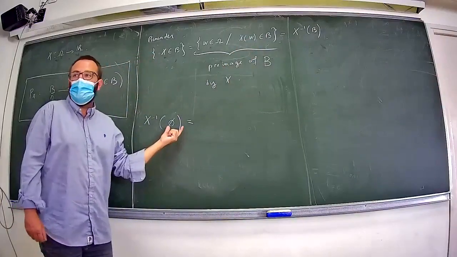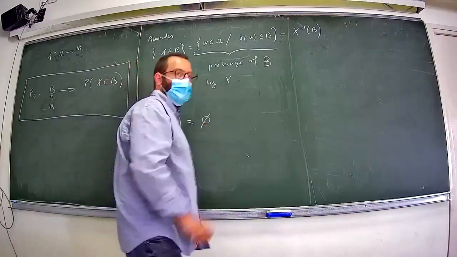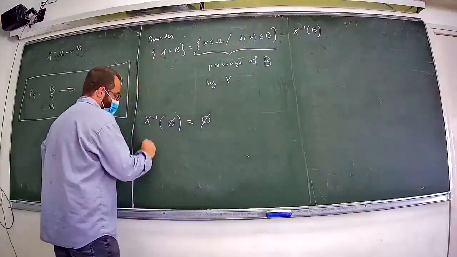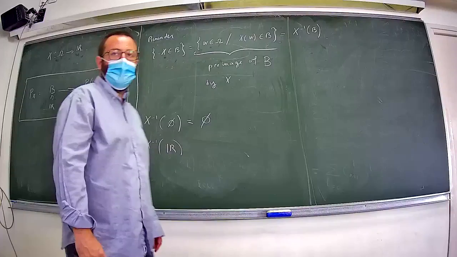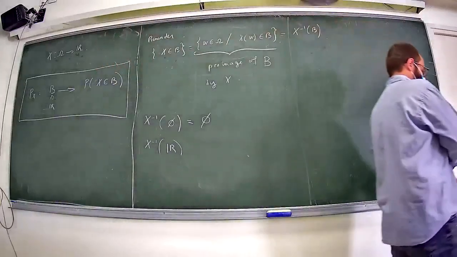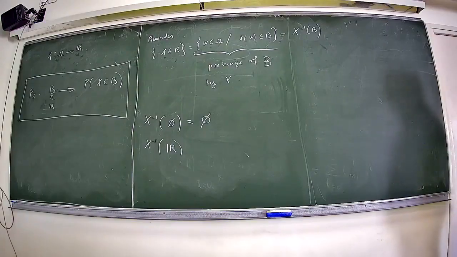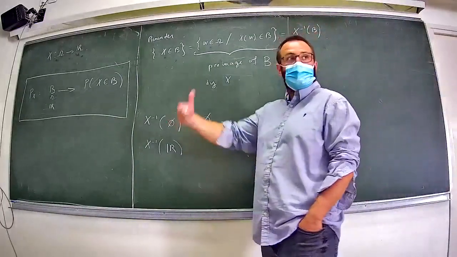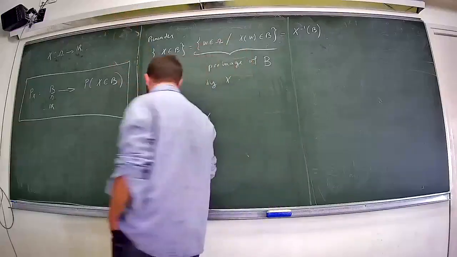It's not possible to belong to the empty set, so I have no element. So the pre-image of the empty set is equal to the empty set. What is the pre-image of all real numbers? It's the set of W belonging to omega such that X of W belongs to R. What is this set? All of omega. All of them have an image that belongs to the real numbers, because X is a mapping from omega into R.